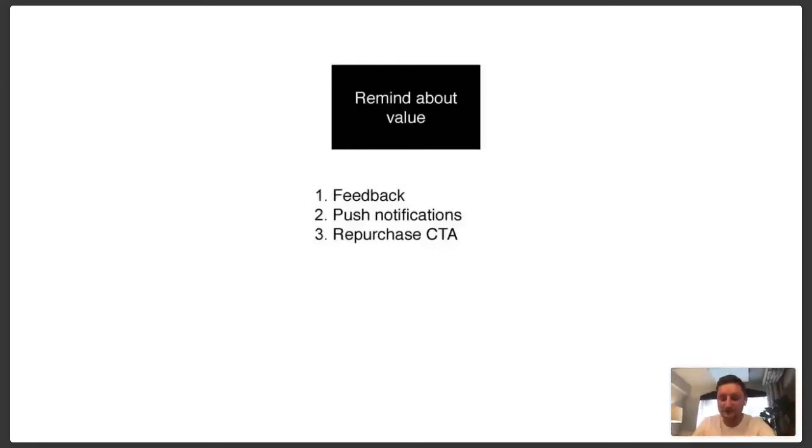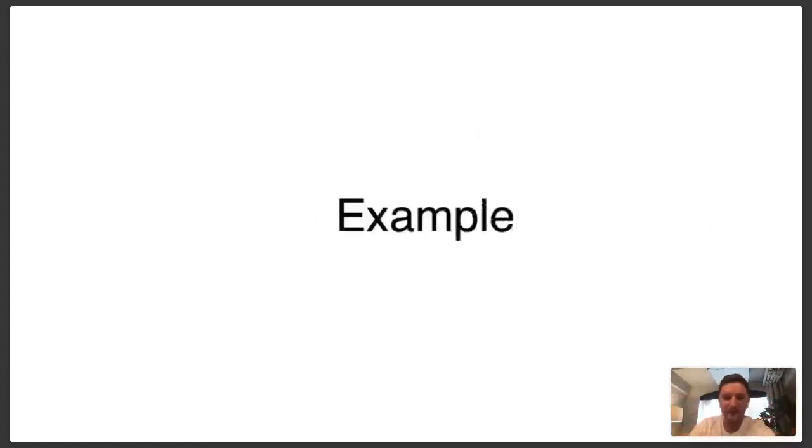So if you made these first 3 steps right, a repurchase CTA is a good way to make bigger sales, because if value was delivered right, users are likely to repurchase. And if you make proper repurchase CTAs in the right place in a user flow, it works.